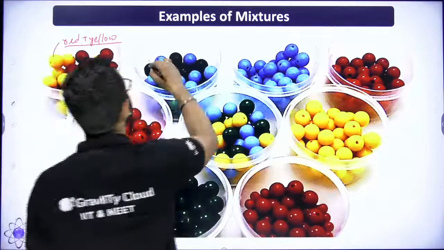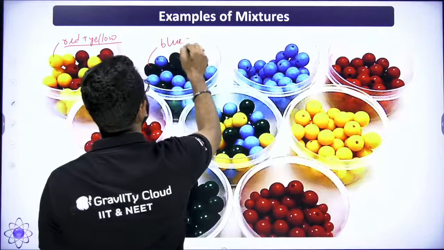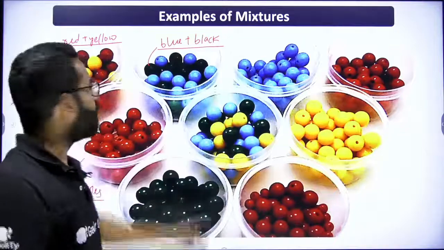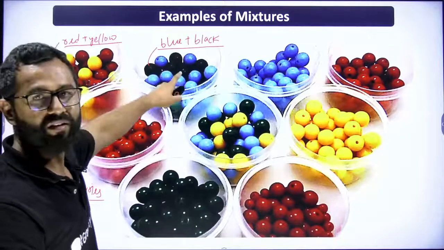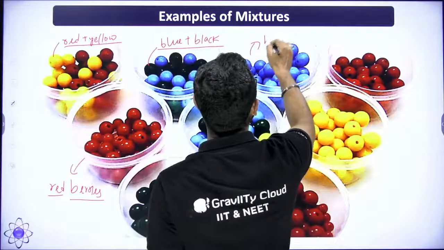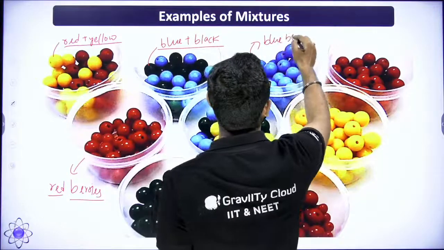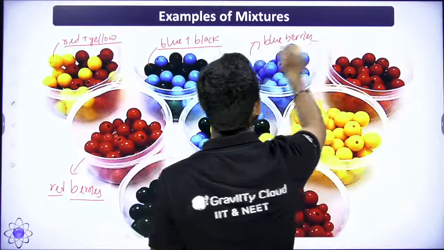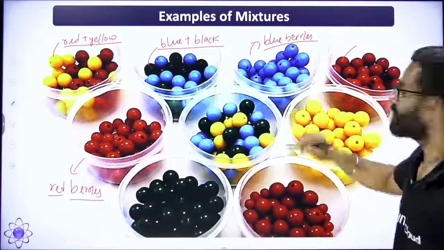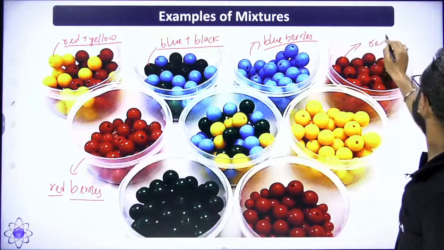This one contains blue plus black. That means this bowl also contains two types of berries, blackberries and blueberries. This bowl contains only blueberries, only one type of berries. This bowl again contains only one kind of berries, which is red.